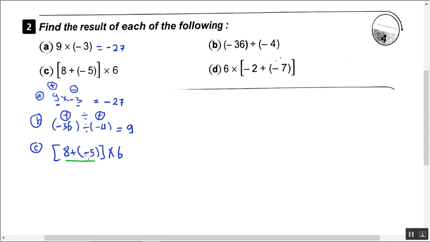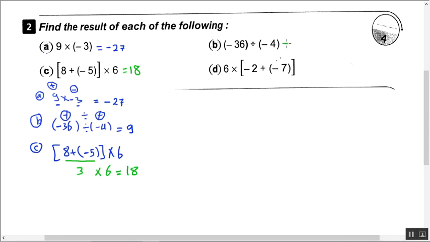We will plus negative 5, meaning here 8 minus 5, so the result will be 3. After that we'll say times 6. 3 times 6 equals 18. So the final result here will be 18. 8 plus negative 5 equals 3. After that we'll say 3 times 6 equals 18.